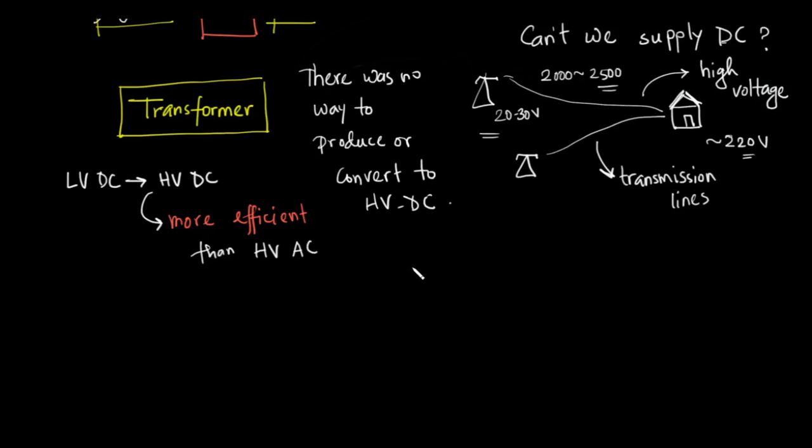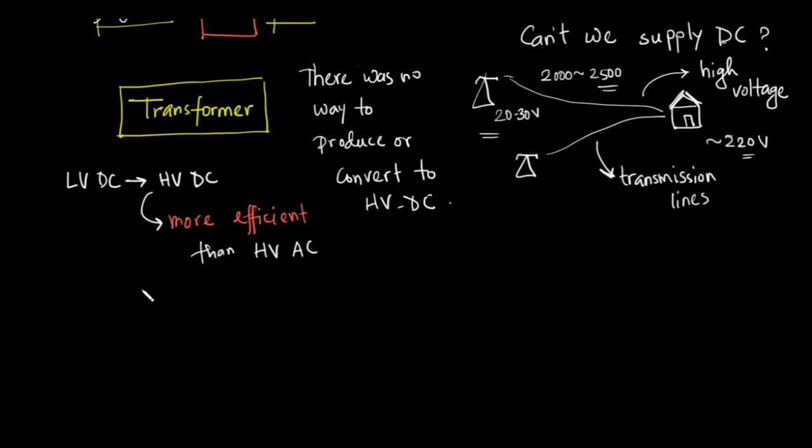So if we can transmit at very high DC voltages and then have some mechanism to convert that high voltage DC to low voltage DC, then that will actually be a more efficient power transmission technology.